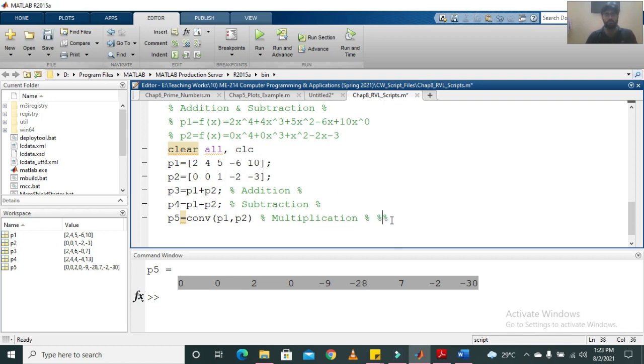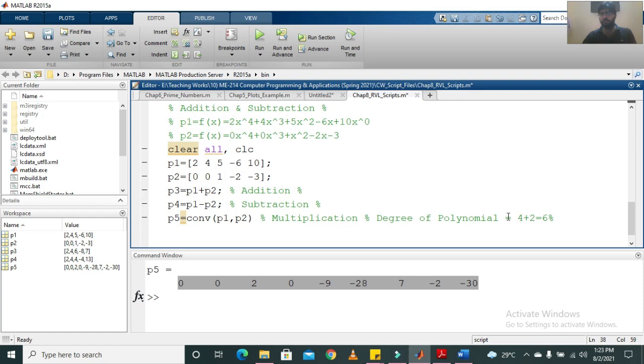So I write it as: degree of polynomial will be the highest power of p1 plus the highest power of p2, which is 4 plus 2 equals 6.